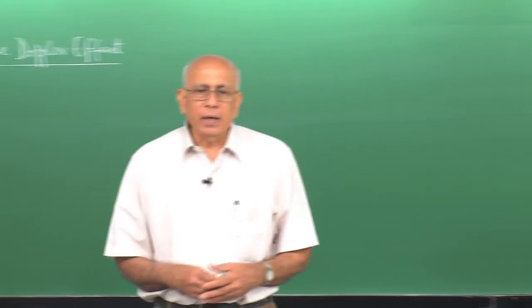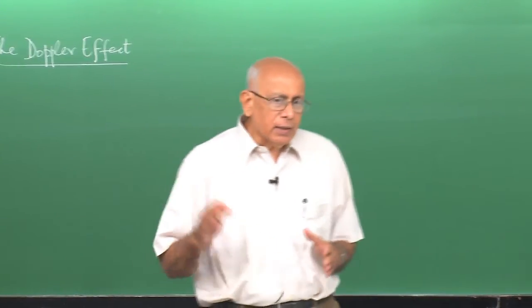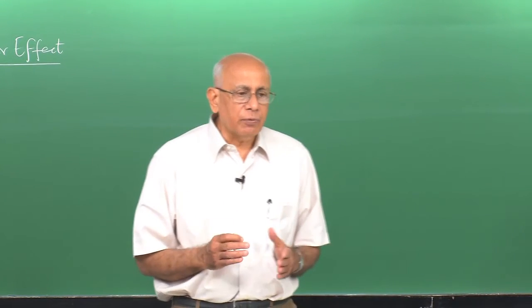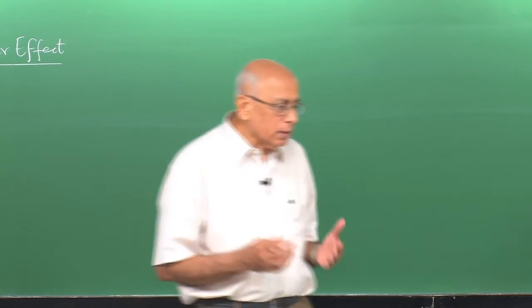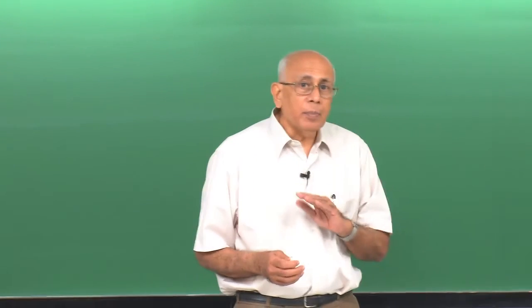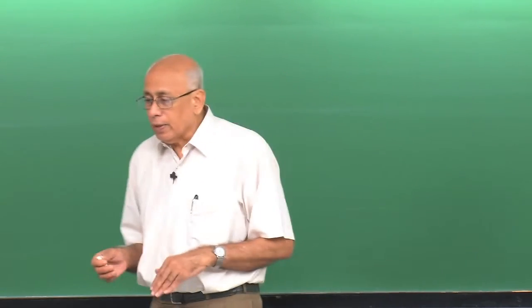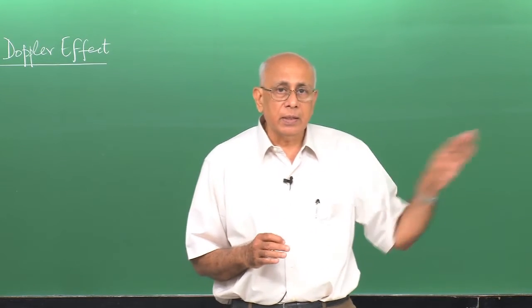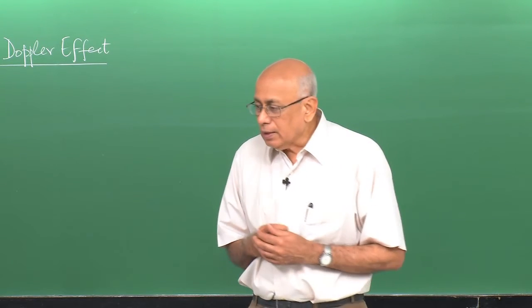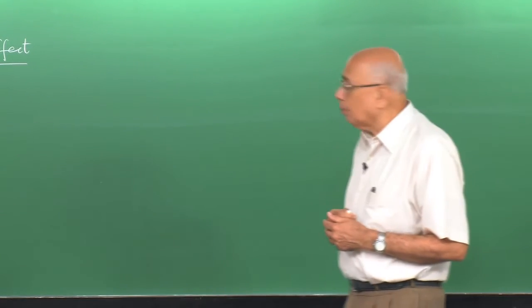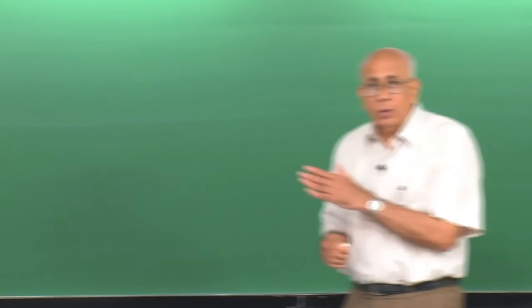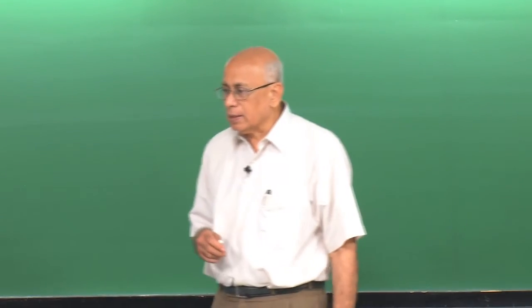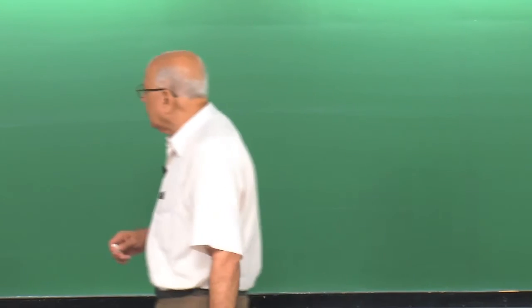When you hear a siren approaching you, for instance, as it approaches you it appears as if the frequency of the siren increases, and as it departs from you it appears as if the frequency goes down. So the pitch of the siren increases and then it decreases as it passes you. This effect is quantifiable, it is a very important effect, and it is known as the Doppler effect after its discoverer. What we are going to do is the simplest case.